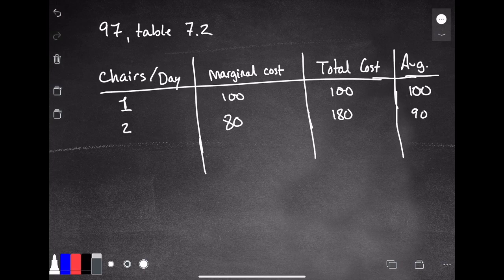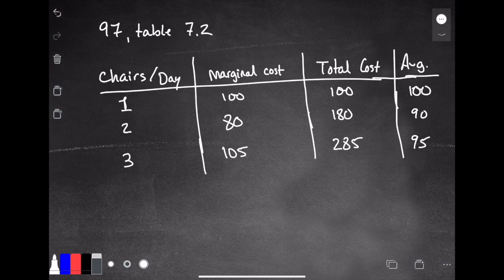Then let's do the third chair. Let's say it costs you $285 to make 3 chairs in one day. Then the marginal cost of the third chair would be $285 minus the 180, which is equal to 105, and that's actually going to increase your average cost to 95.